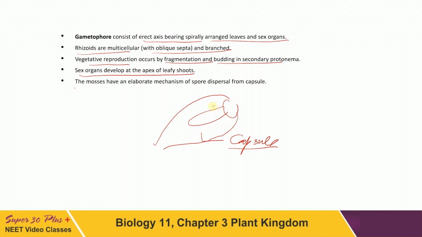These are the spore mother cells, which will divide by meiosis division. And here it has teeth-like structures. Detail is not required. It means it has an elaborated mechanism of spore dispersal. The spores will be dispersed, which will develop into protonema. Is it right? Come to the next now.